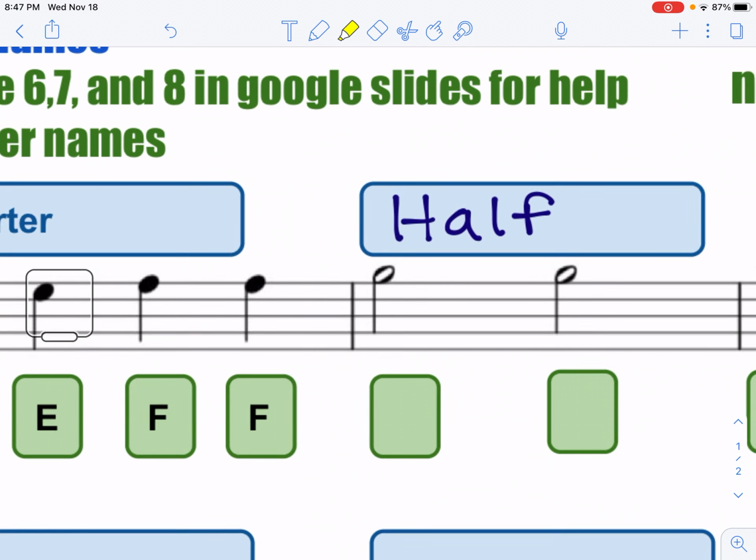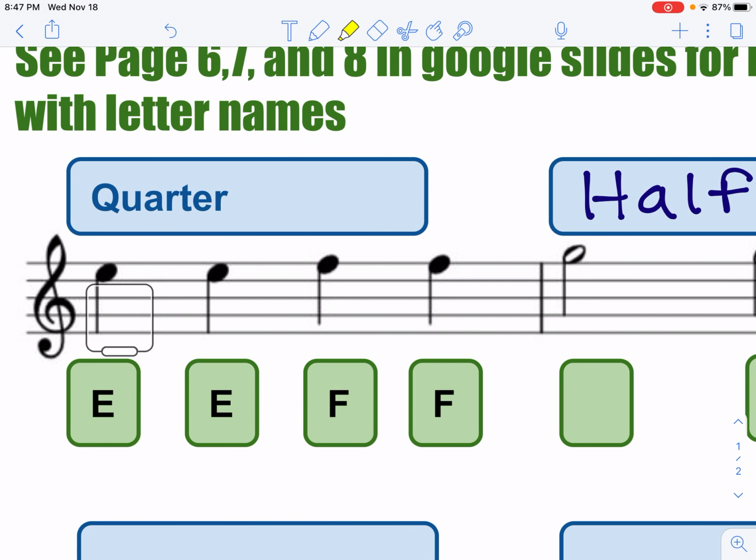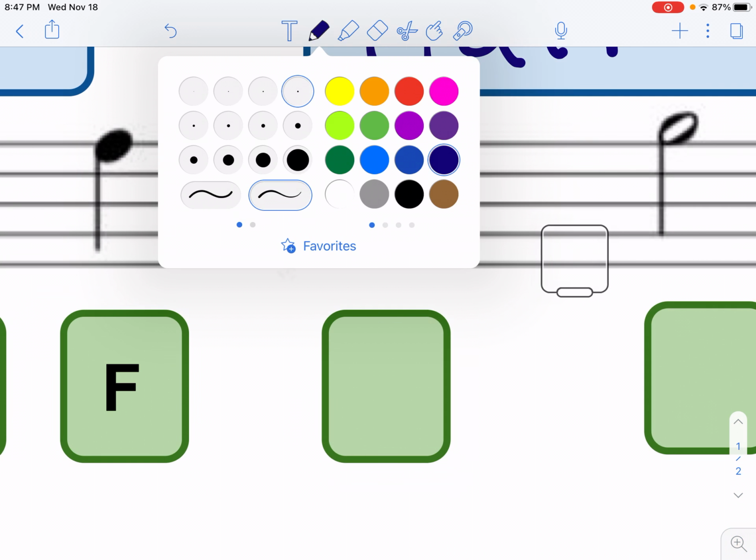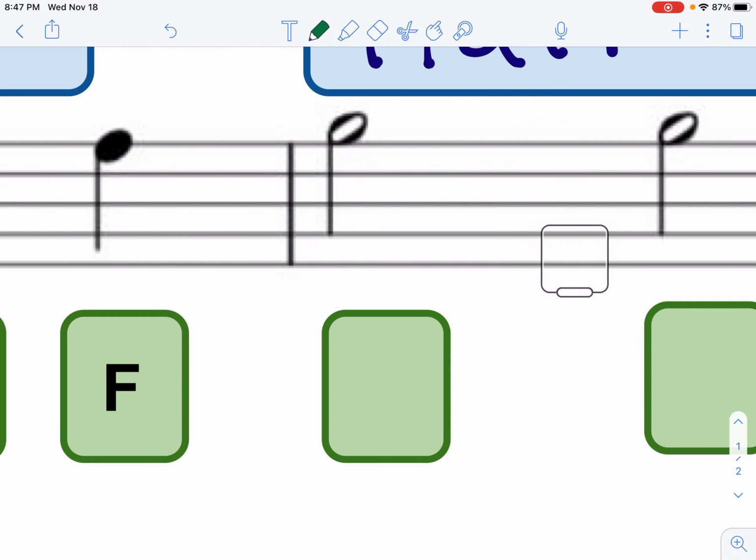So here I see this one is in the 4th space. That's an E. Here we have an F because it's on the top line. And if it's above the top line, it's going to be a G. So I'm just going to write that in. I'm going to zoom in and I'm going to write G. This one's in the same spot.